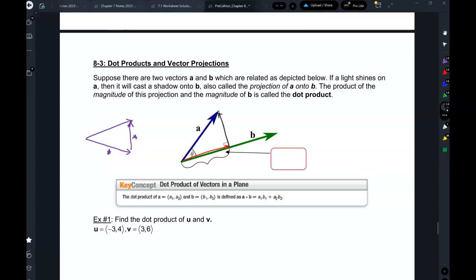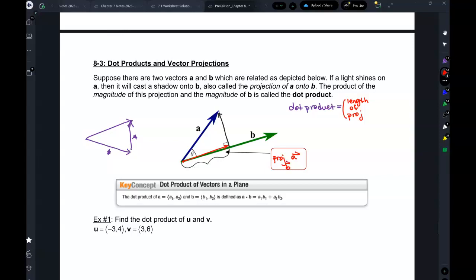So this dot product that we're talking about, remember how we said this was the projection? It's the length of the projection. Look at how we write the projection of A onto B. I'll write it over here. This red here is the projection of A onto B. That's how we write it.